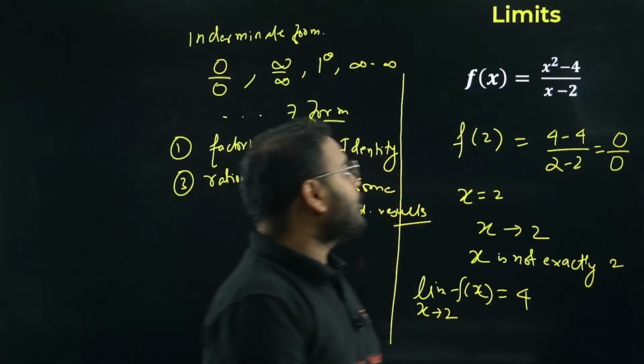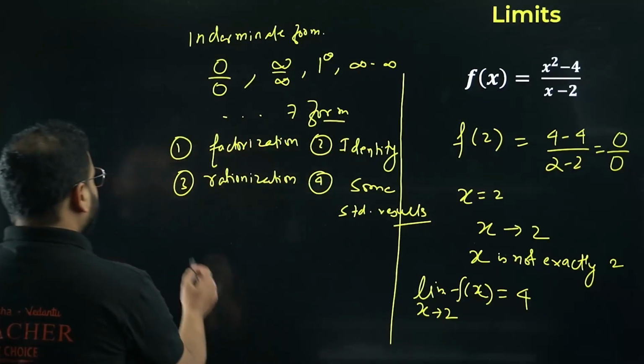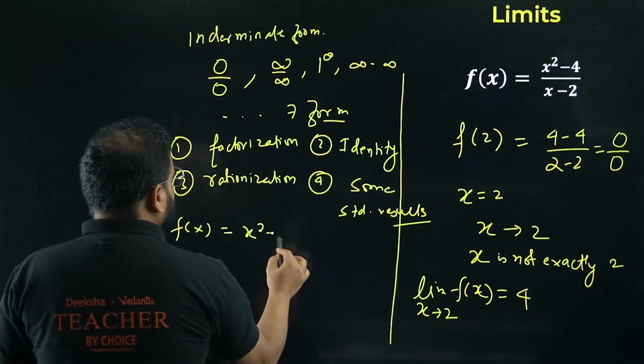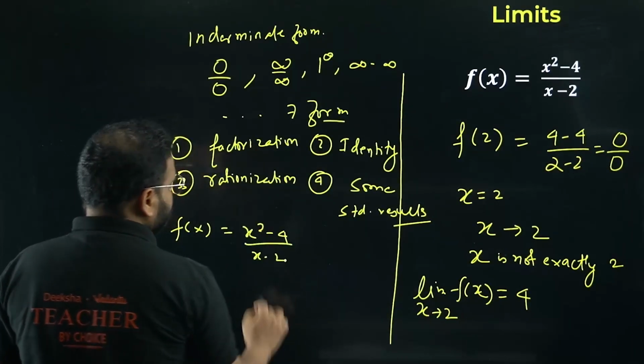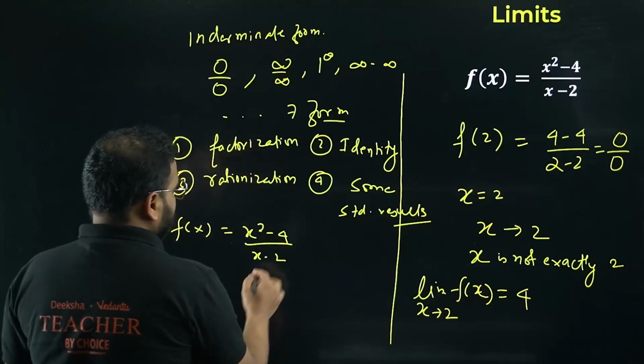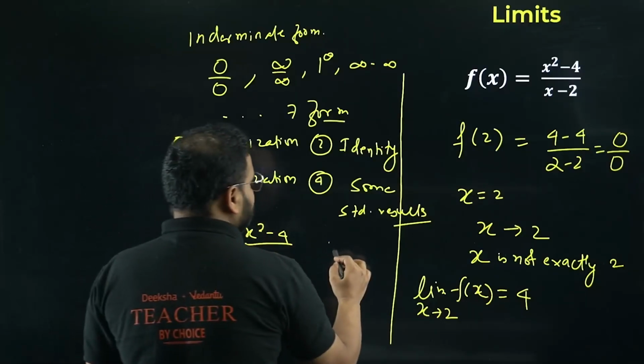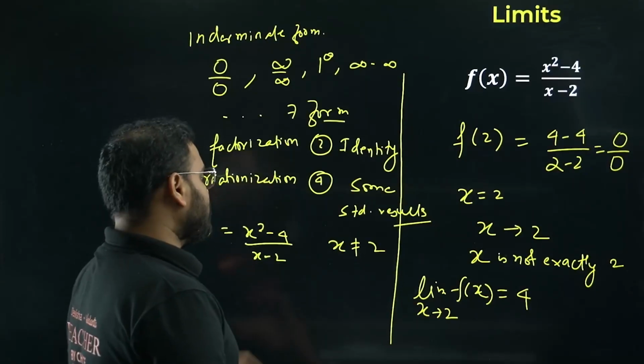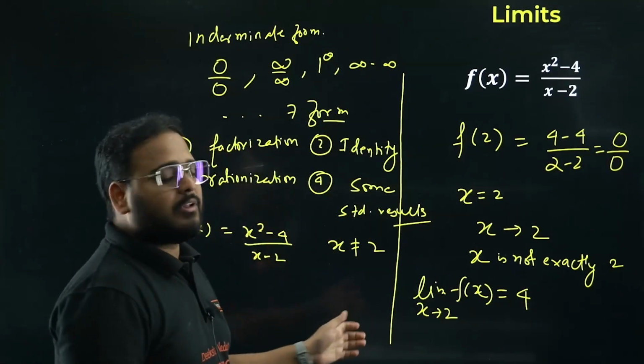In this question, we're going to use factorization. Please check. We have the function f of x given as x square minus 4 upon x minus 2. If we apply the condition that x is not equal to 2, which is known, since x can never be equal to 2, otherwise this is not defined.